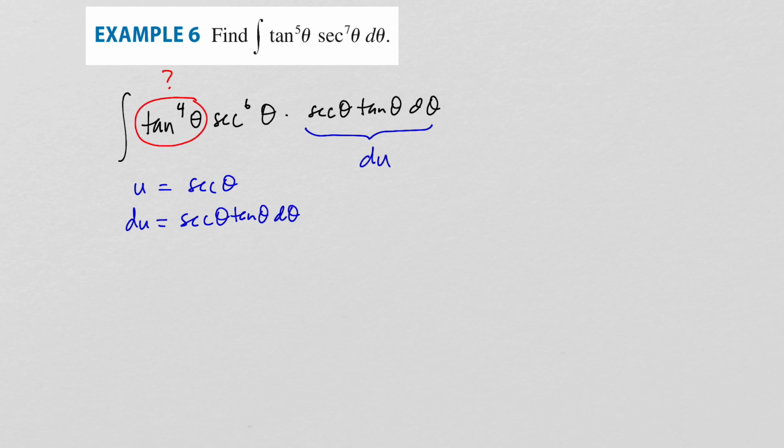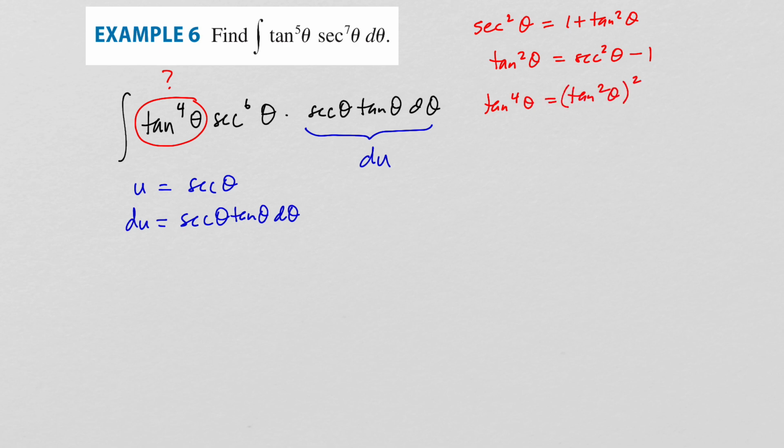Well, again, we know what to do. We use a Pythagorean identity. So we just said a minute ago, secant squared of theta is equal to 1 plus tangent squared of theta. Well, that means that tangent squared of theta is equal to secant squared of theta minus 1. And then we know that tangent to the 4th power of theta is tangent squared, quantity squared.